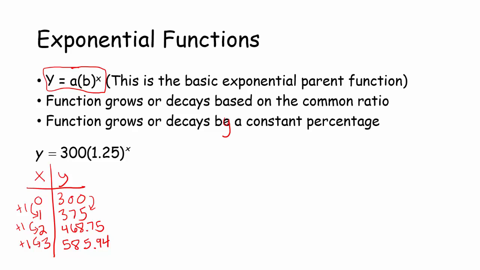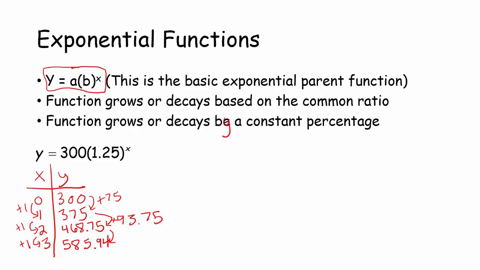See, the first thing that happens here is that y goes up by 75 when x changes from 0 to 1. But then when x goes from 1 to 2, when x goes up by 1 again, y is actually increasing by 93.75 to go from 375 to 468.